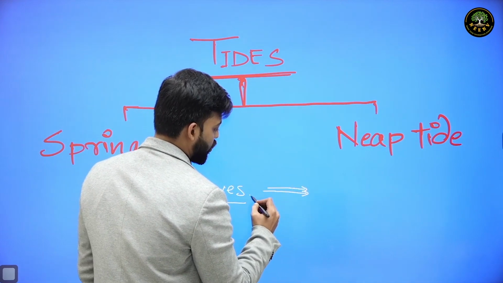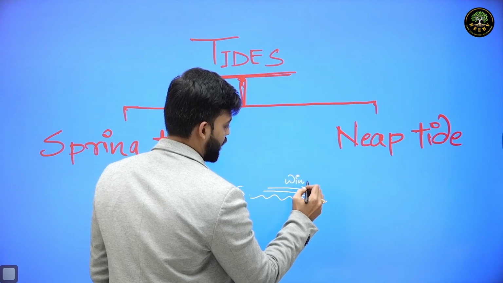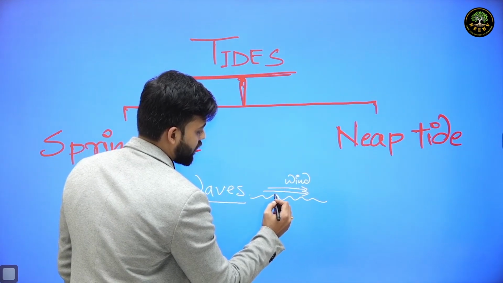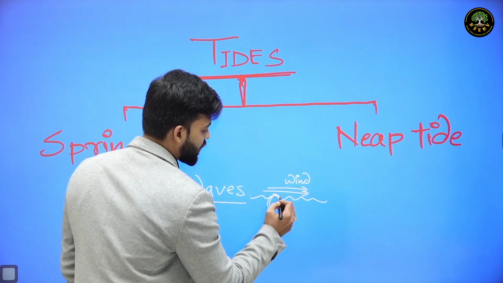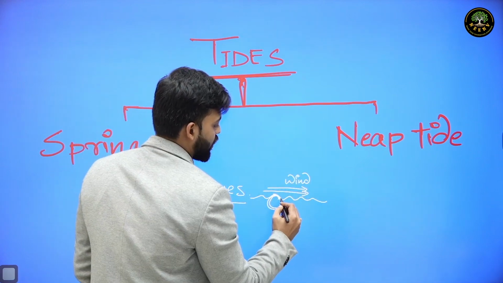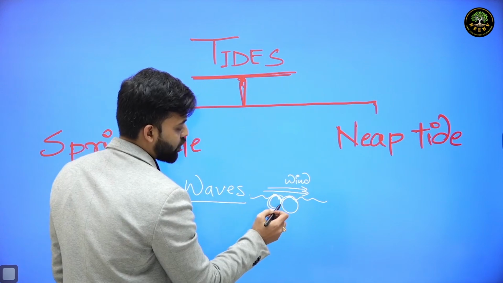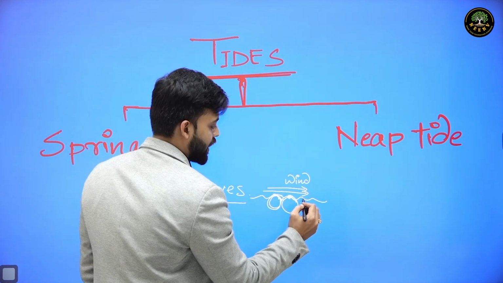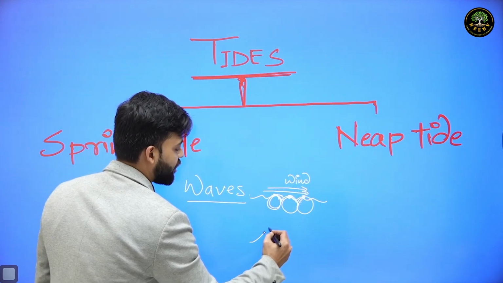When wind is blown over a water surface, then the water particle, they start circulating. And because of this circulation in the direction of wind, there is transfer of energy. And because of this transfer of energy, when this particle is rotating, similarly the adjacent particle starts rotating, and wave is generated.